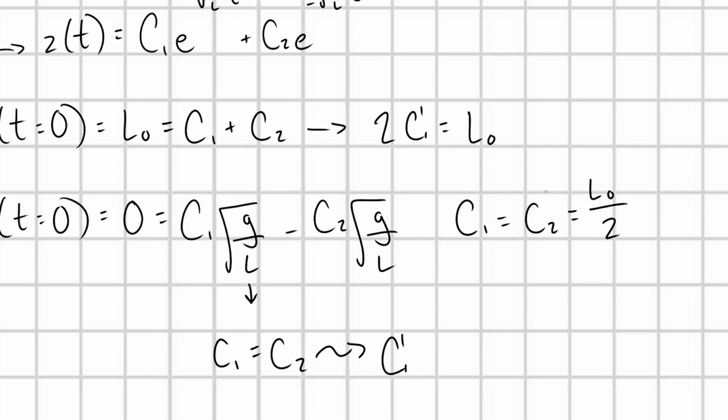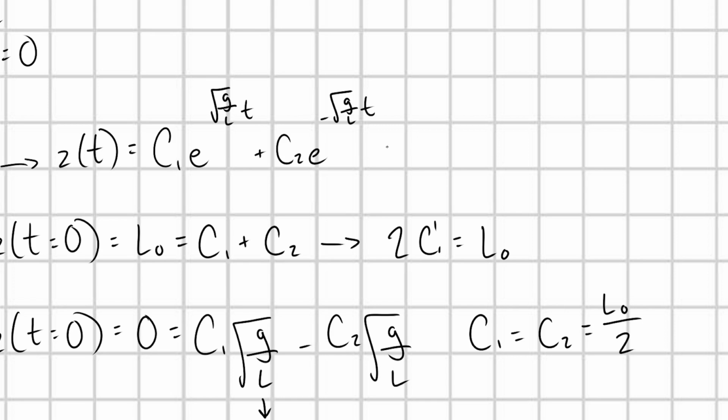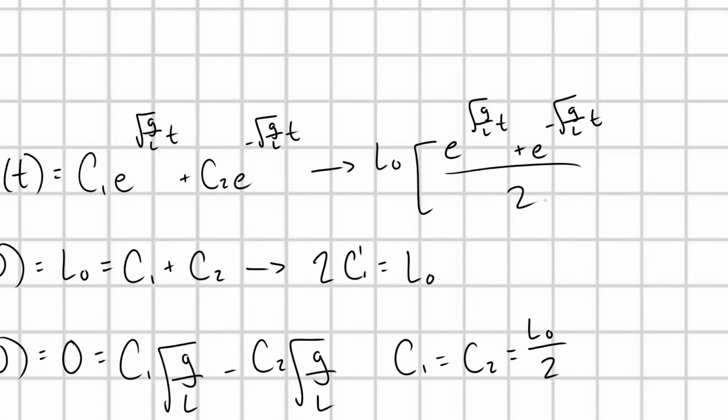Okay, great. So let's plug these in for c1 and c2, and I'm going to write this out a little bit suggestively here. I'm going to write this as L naught times e to the root g over L t plus e to the minus root g over L t, all over 2, okay?